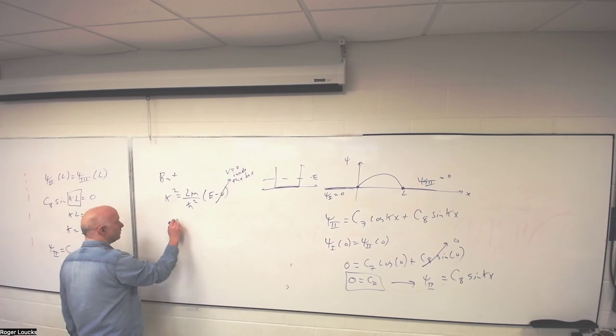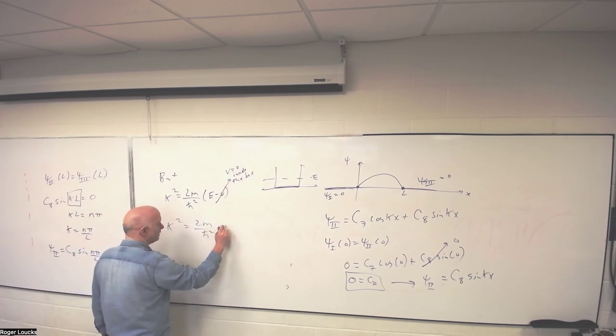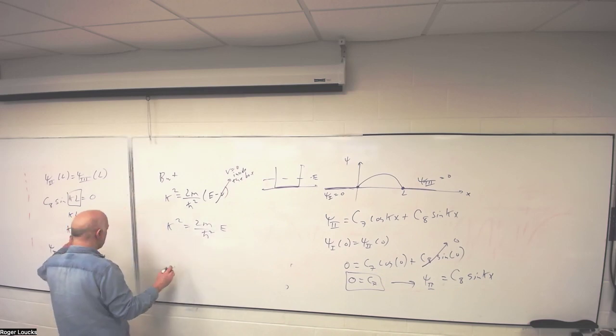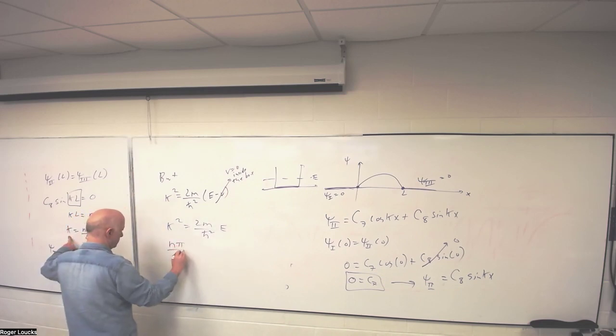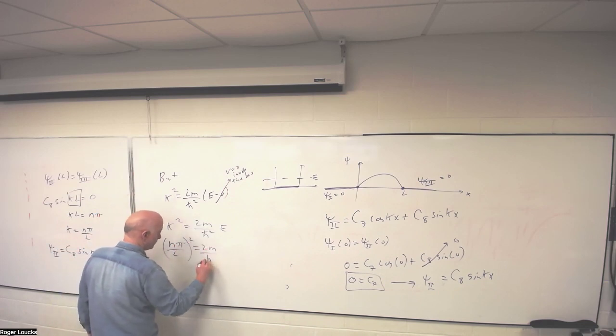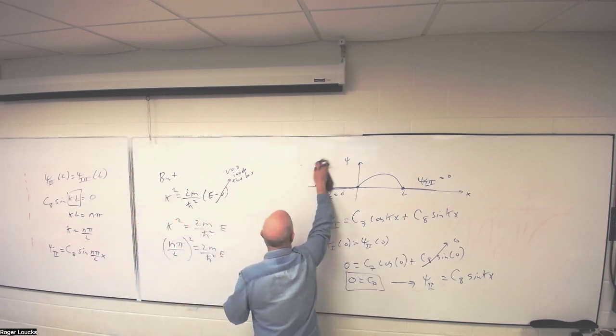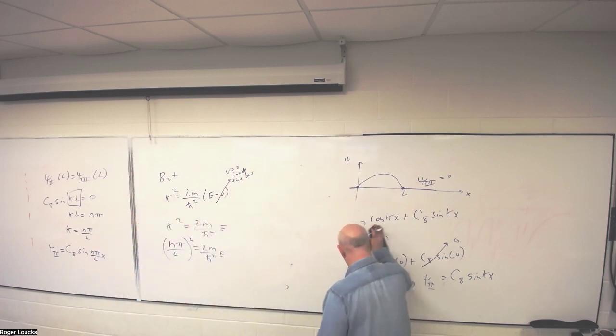I got k squared equals 2m E over h bar squared. My k squared is my buddy here, and I can solve that for E. Now we have a remarkable, very profound answer.